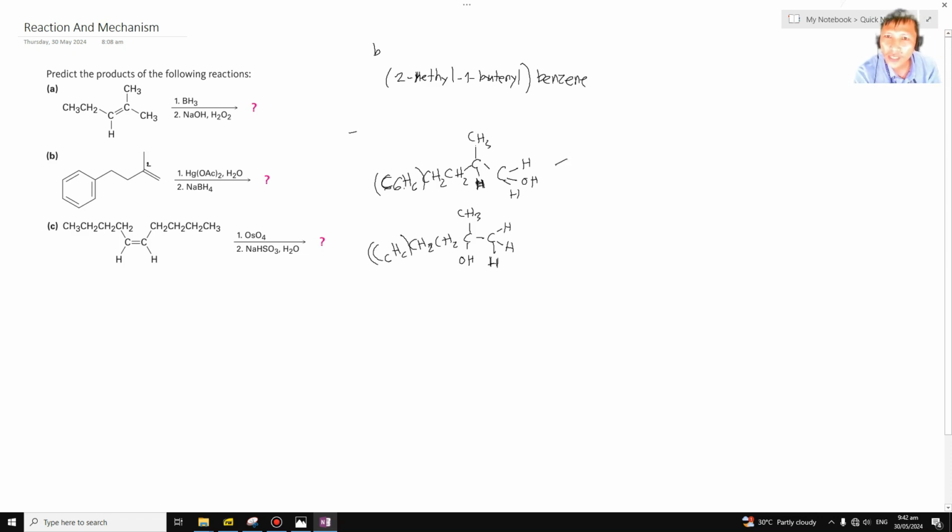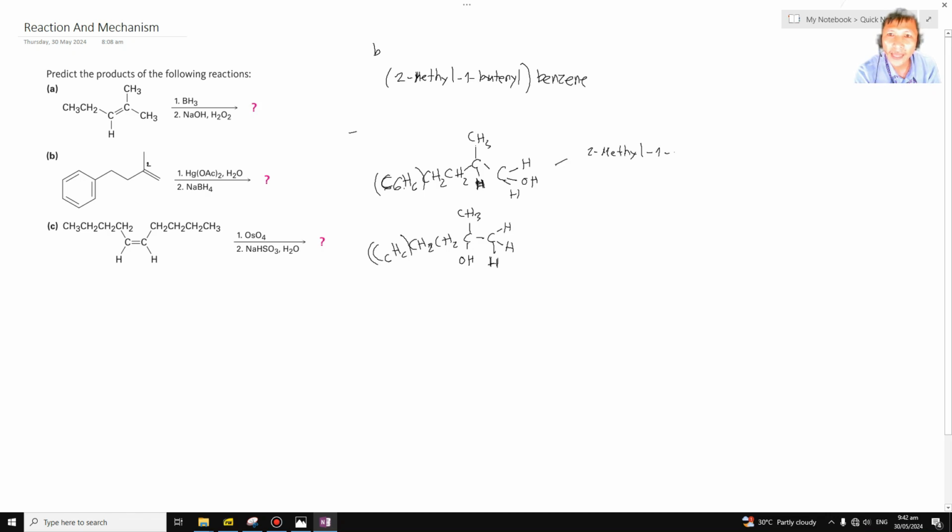If this is your answer, now it's an alcohol, so that would be 1, 2, 3, 4. This is 6, so that would be a 2 methyl. 2 methyl 1 pentanol.